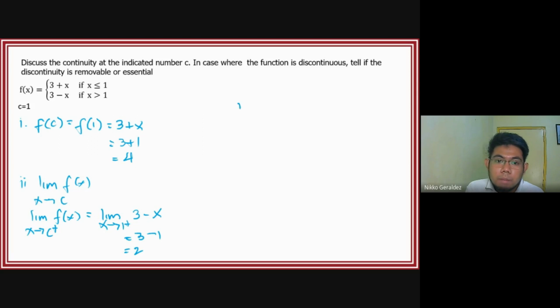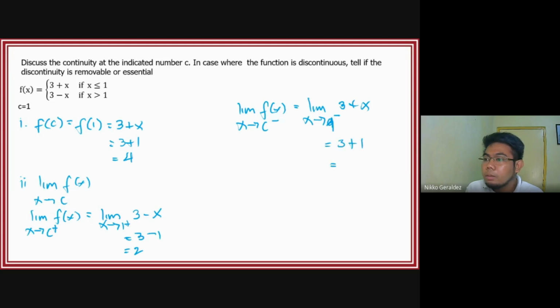Next, the left-hand limit. The limit of f of x as x approaches c from the left. We will use 3 plus x. So the limit of 3 plus x as x approaches 1 from the left is 3 plus 1, which is equal to 4.